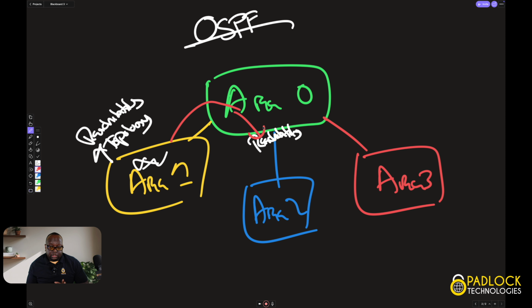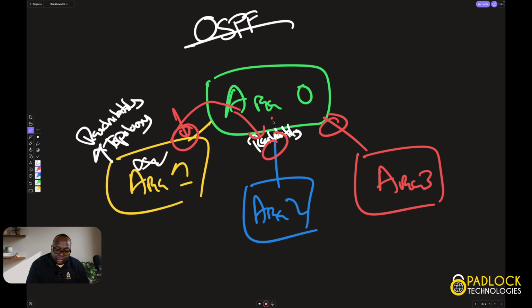Another thing is summarization. Summarization can't be done everywhere in a link state network like OSPF. You can do summarization at the ABR. So there's a router over here, router over here, router over here. You can summarize there. Now, where are you going to summarize, into area 0 or out of area 0? You summarize into area 0. There's no point in summarizing an already summarized route, right?